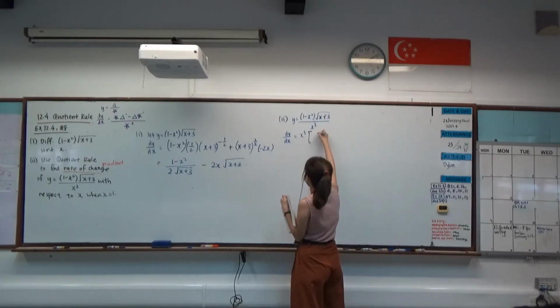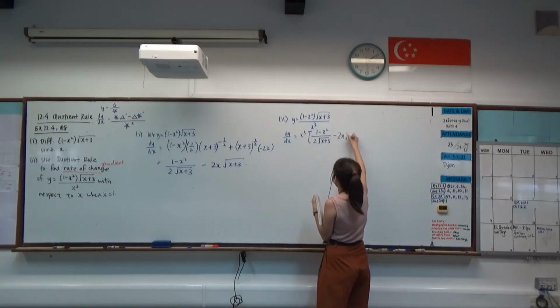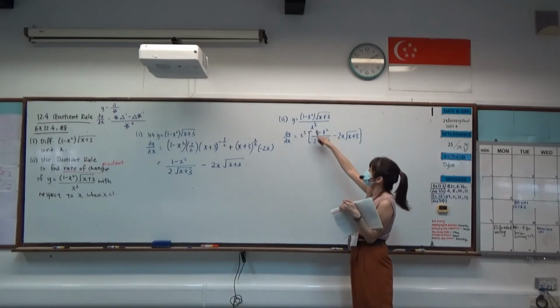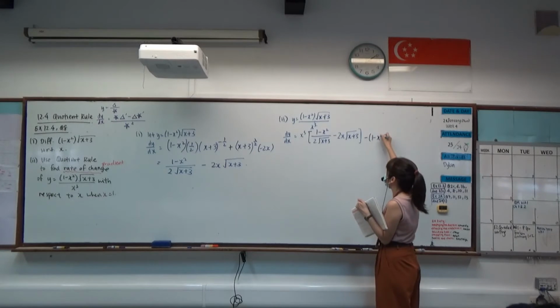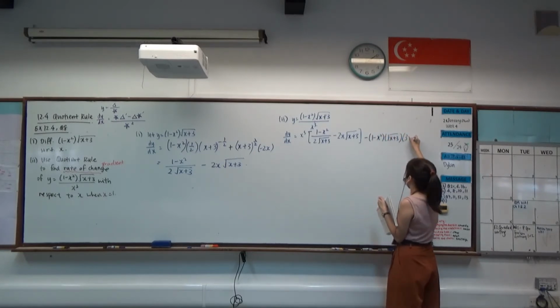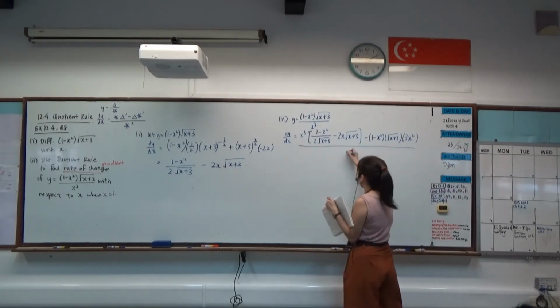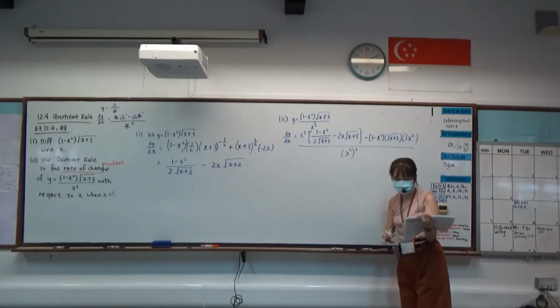So we would get 1 minus x squared over 2 square root x plus 3 minus 2x square root x plus 3. Keep bottom, differentiate top, then minus away the top, keep the top, differentiate the bottom, we get this. And in the denominator, x cubed, got to square it.